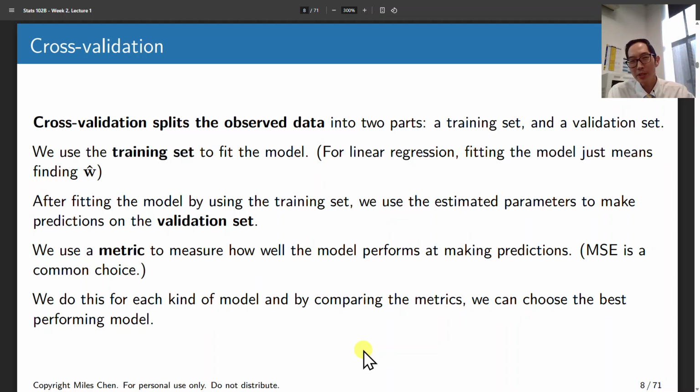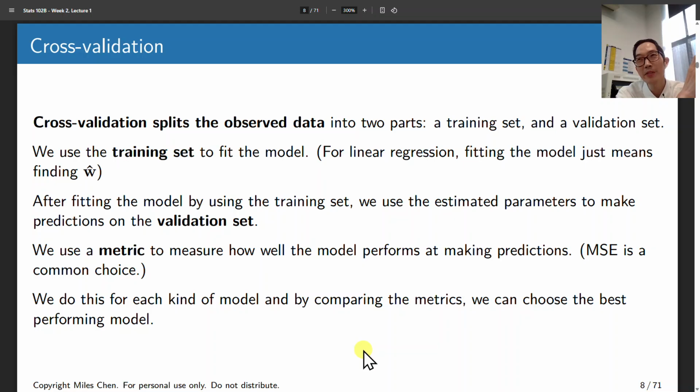And so cross-validation, the way it works is that we take the available data, our observed data, and we split it into two parts. We split it into a training set and a validation set. And we use the training set to fit the model.